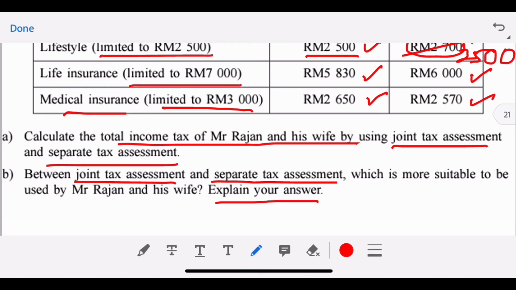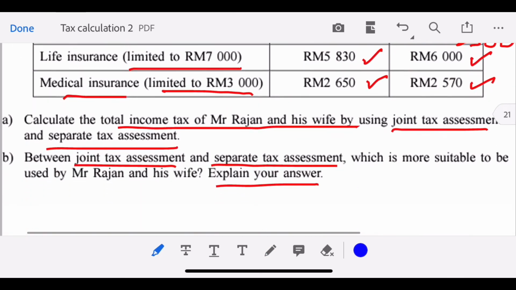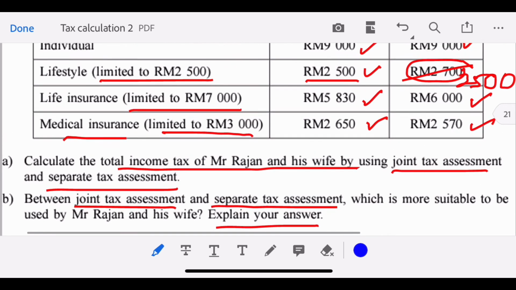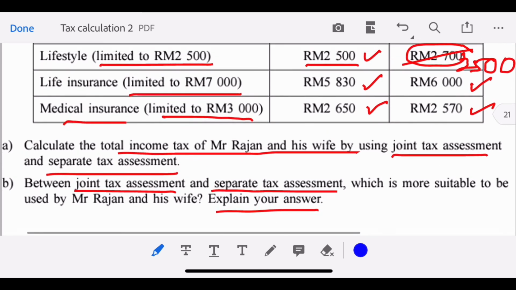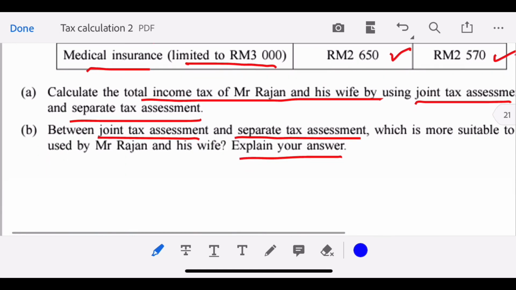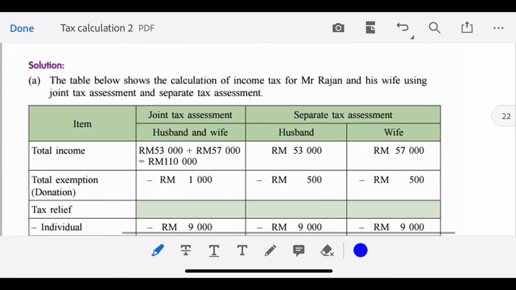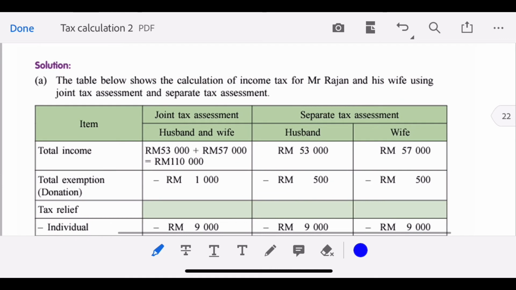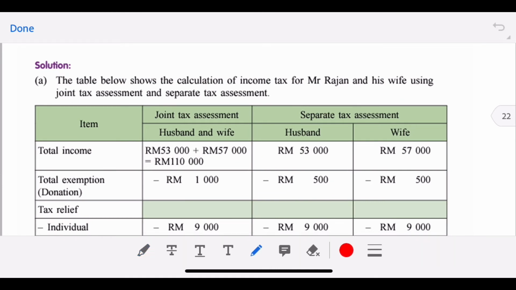Explain your answer. So what do you think? They should join together the tax assessment, or they should separate the tax assessment? Let's do the calculation, then we can have a clearer picture which one is better for Mr. Rajan and his wife.